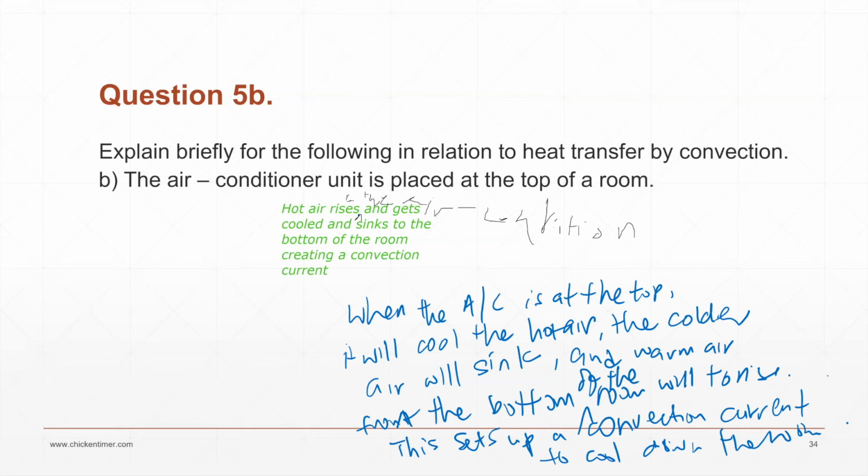Then how you get the convection current is when the bottom of the room has warm air, the warm air will then rise, and this cold air will sink to replace the warm air. So that will cause a convection current to circulate in the room and then be able to cool down the room.